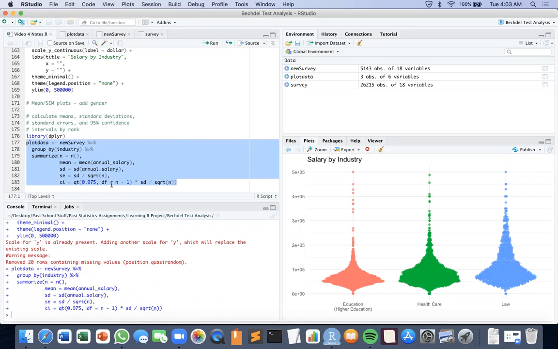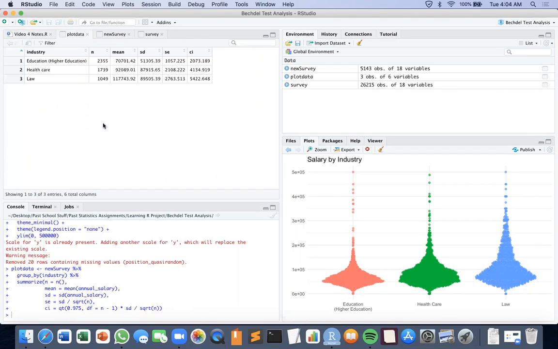I'm not going to go super in depth, but you can see how we're doing it. There are actually some convenient commands for finding the standard deviation. Here's just an equation for standard error, and again, we have some methods that help us find the confidence interval, or rather the width of the confidence interval, because you can see it doesn't really give you an interval, it gives you I think half of the width of the interval.